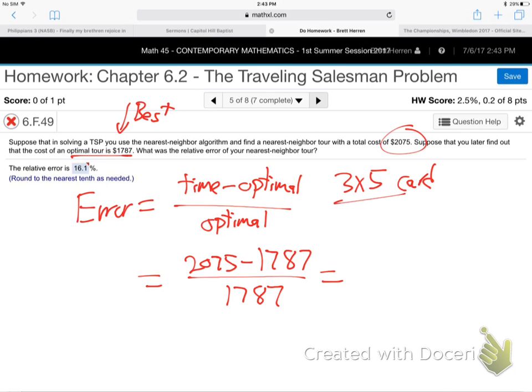Use your calculator, and I think you're going to get 0.161. Anybody got it? What is it?